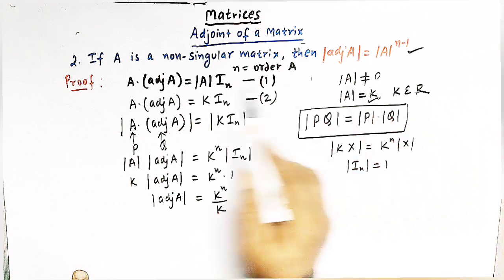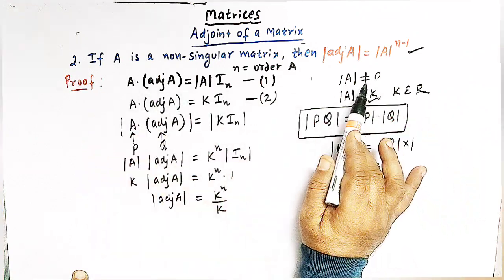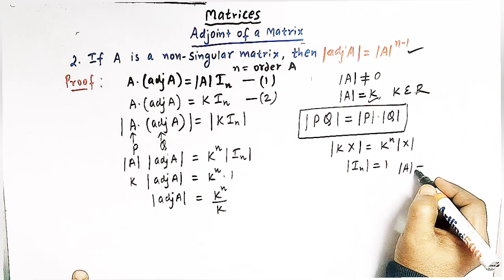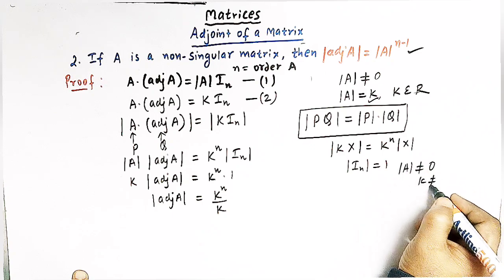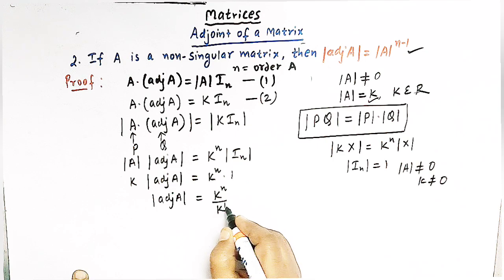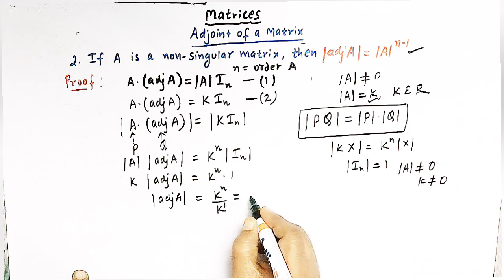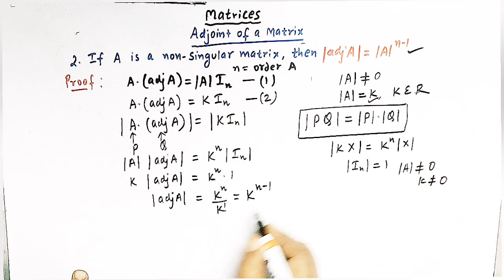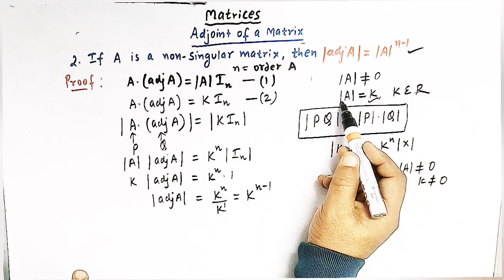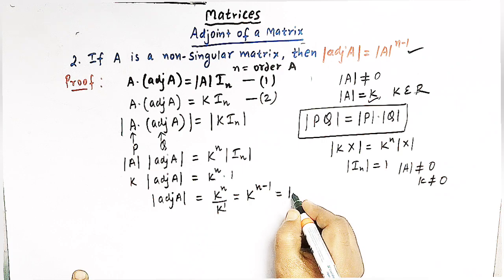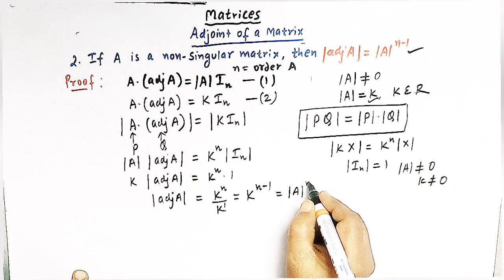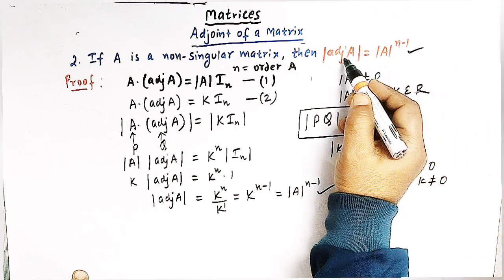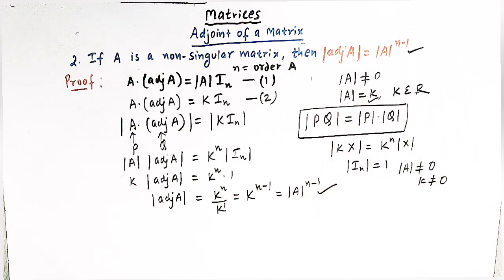Remember the matrix A is non-singular, that is the determinant of A is not equal to 0, so k is not equal to 0. Applying the laws of exponents, we have k raised to n minus 1, and again replacing k by determinant of A, we have determinant of A raised to n minus 1, and this is our desired result.